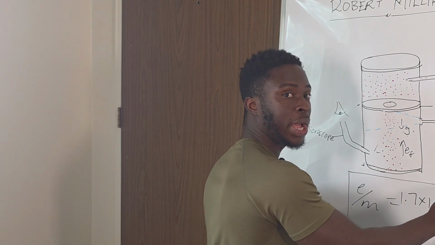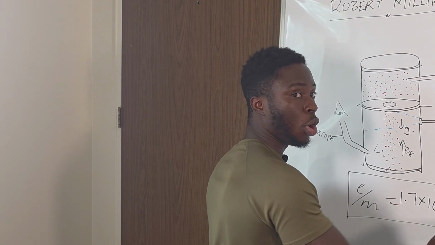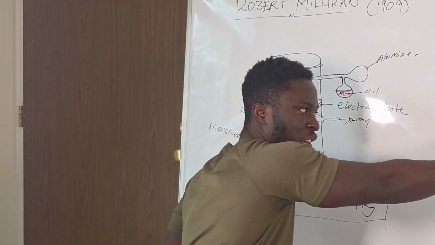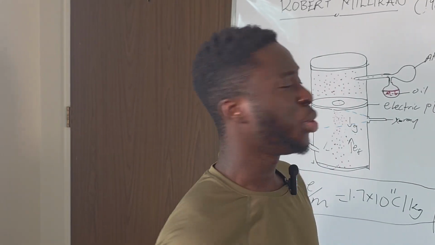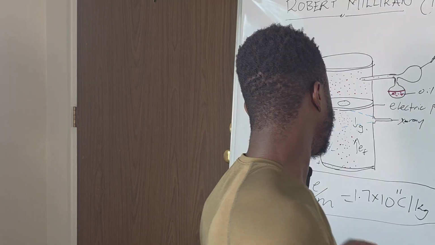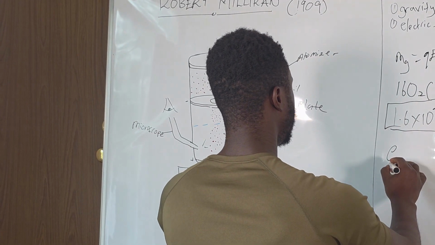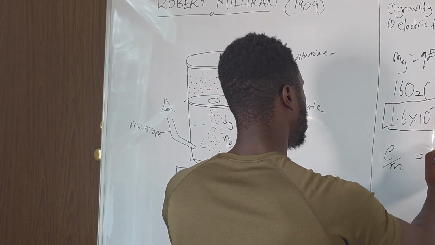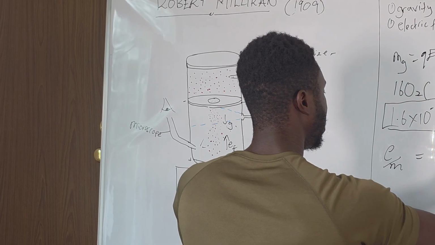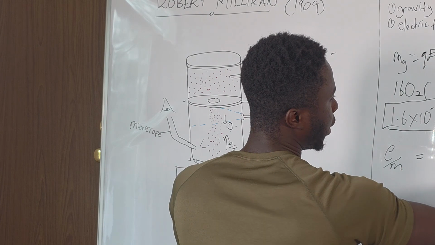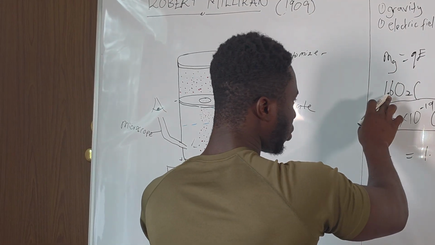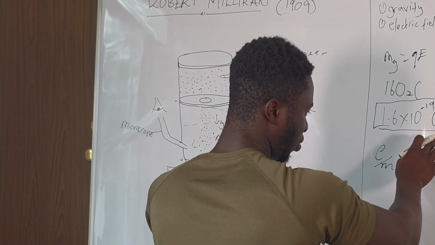So now that we had this value there already, and we have come to find the charge of an electron, what can we do? We could use these two values to determine the mass of an electron, right? So if the e over m is equal to 1.7 times 10 raised to the power 11 coulombs per kilogram, then this is the charge, right?